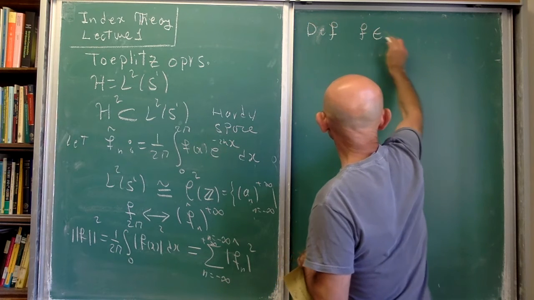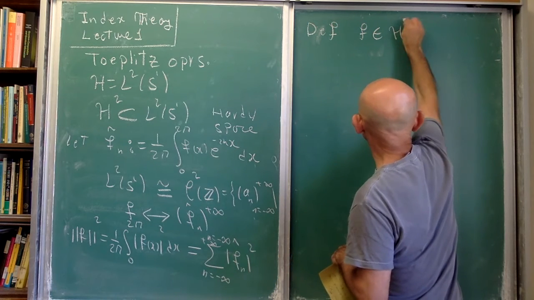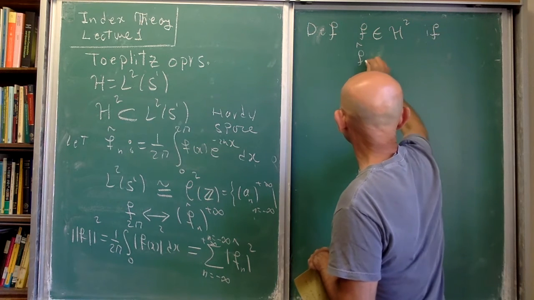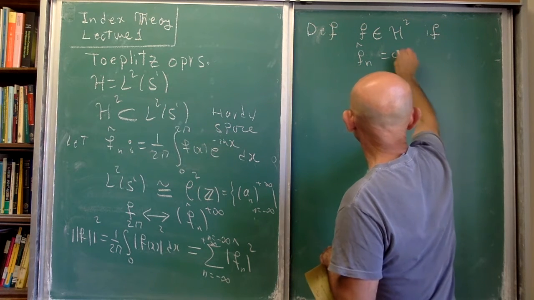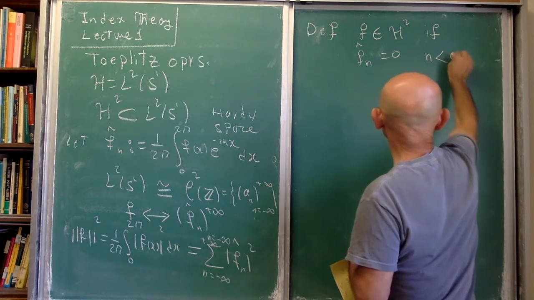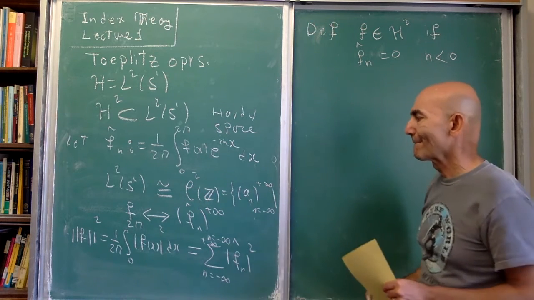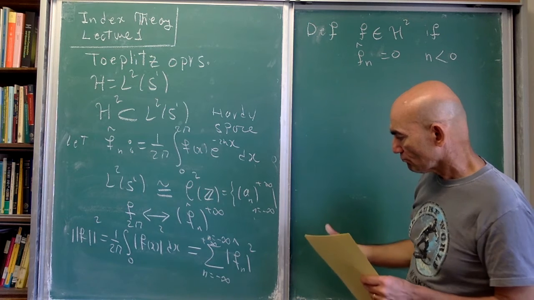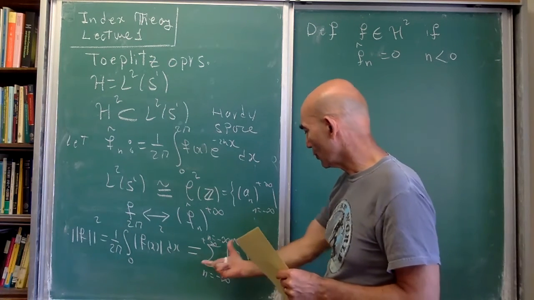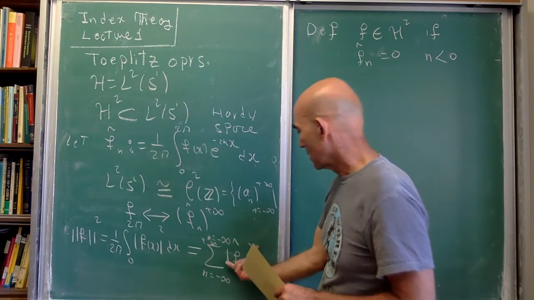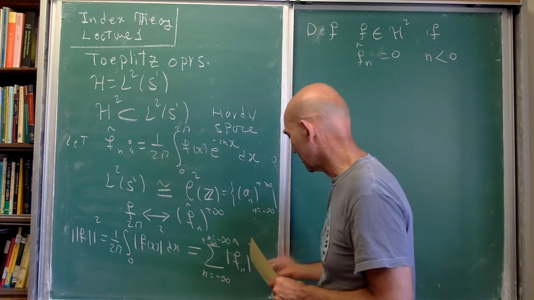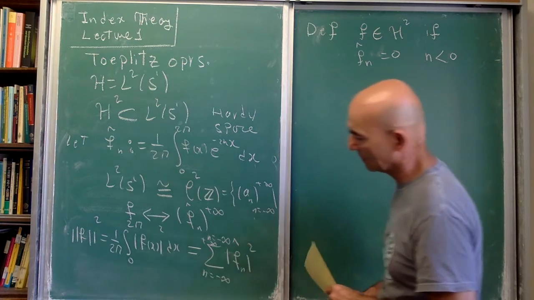F belongs to H2 if and only if the negative Fourier coefficient of F is equal to 0 for n less than 0. So it consists of those functions that in Fourier modes exist only in the positive direction. In the negative direction, they are 0.